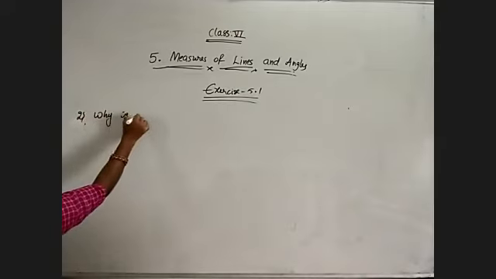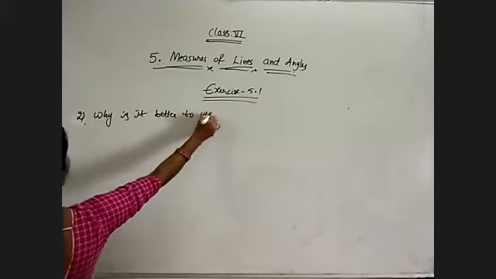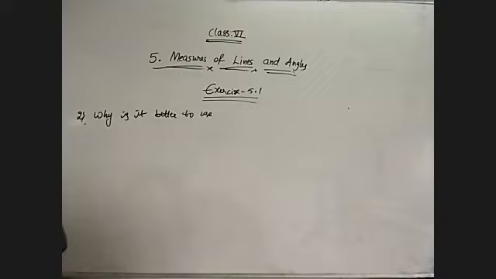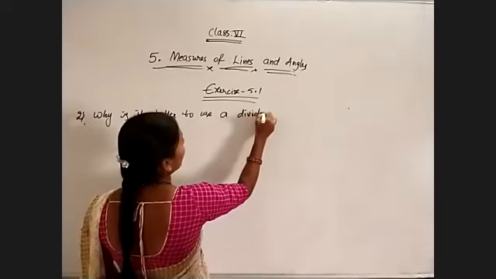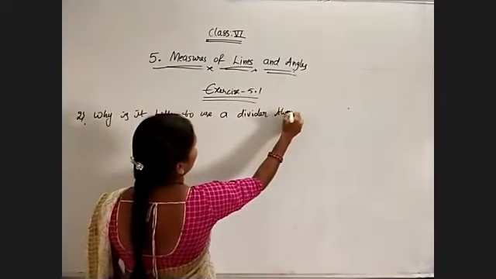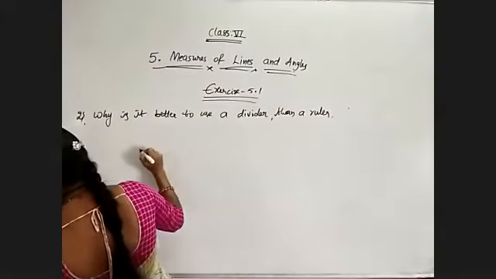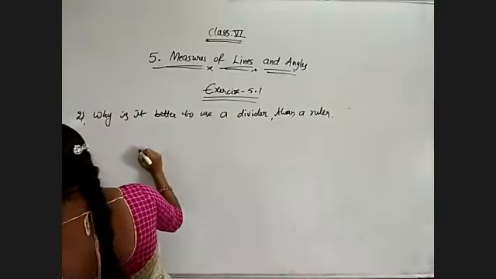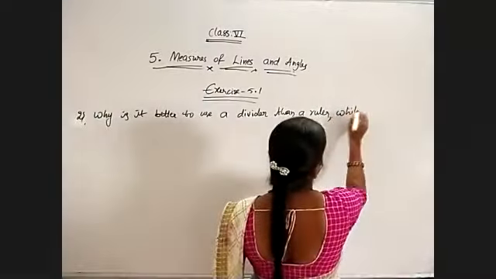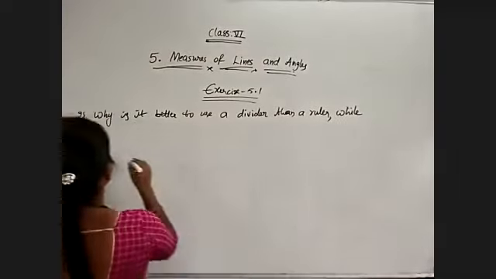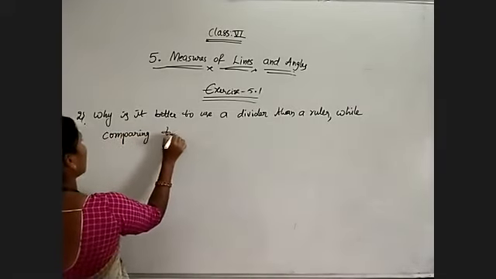Why is it better to use a divider than a ruler while comparing two line segments?